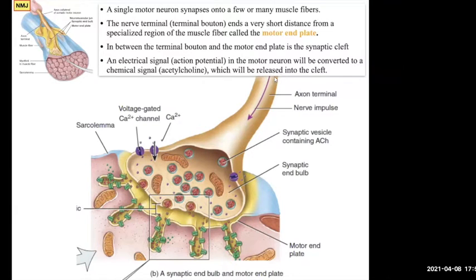That is going to lead to this electrical signal being changed into a chemical signal at the neuromuscular junction. And that chemical signal is going to change back into an electric signal at the motor end plate there. We're going to look at how exactly; this is more of the summary about what happens. We'll look at each step here.